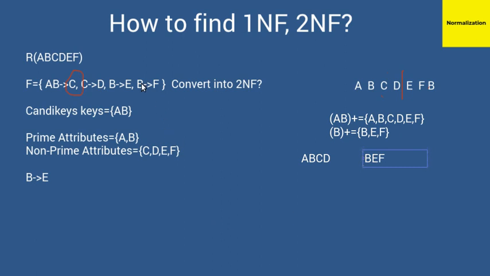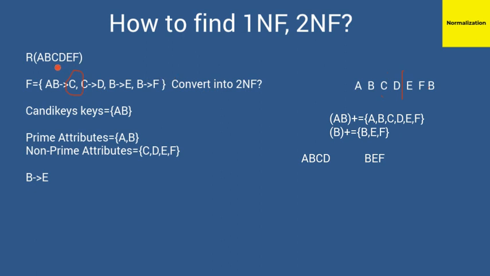The next one is B gives rise to F. It is a part of a candidate key, and it is deriving a non-prime attribute. So here also you have the problem, but it is already solved, because here also B plus gives you BEF. BEF is already separated, so here there is no problem.